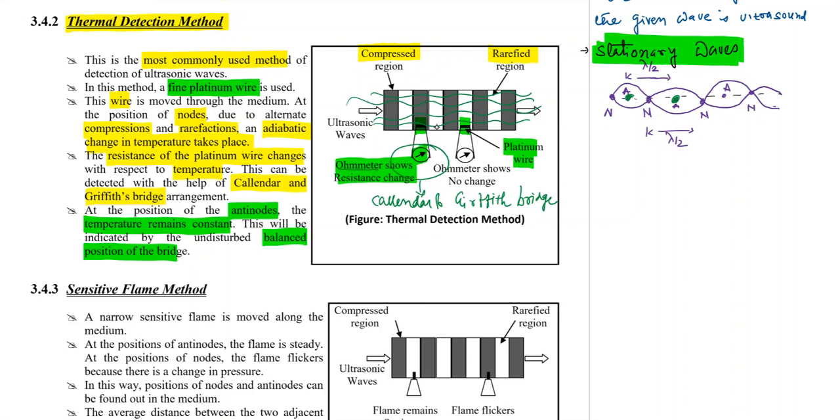While we come across the rarefied region, at that point the ohm meter shows no change in the resistance. So the ohm meter reading will be 0. Again we get the detection. So this is how we can calculate the positions of nodes and antinodes, and again the distance between two nodes or between two antinodes is equal to lambda by 2, and then we can calculate lambda.